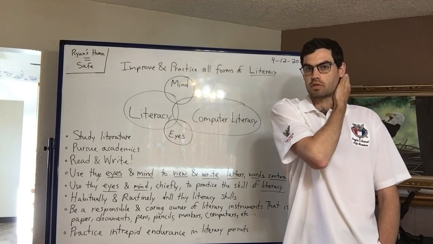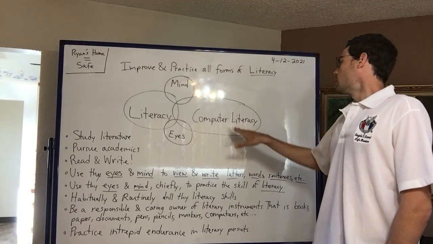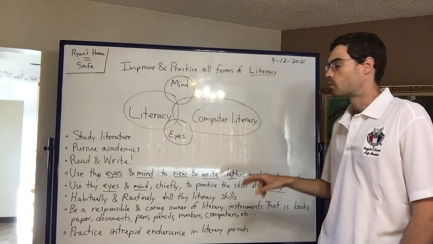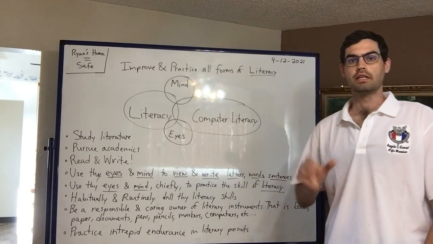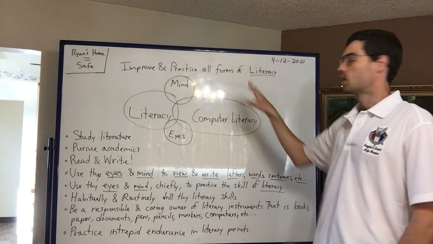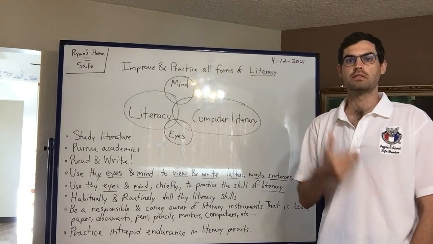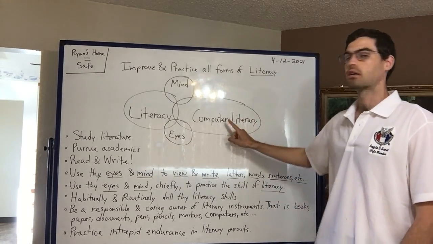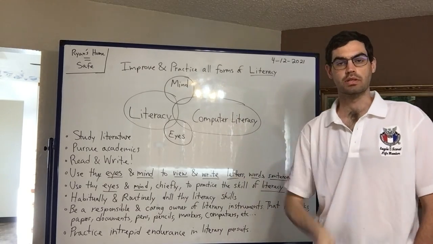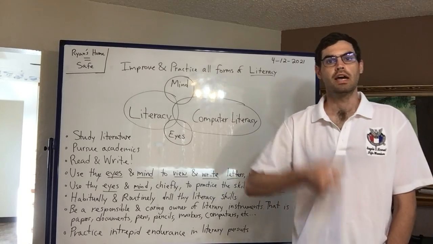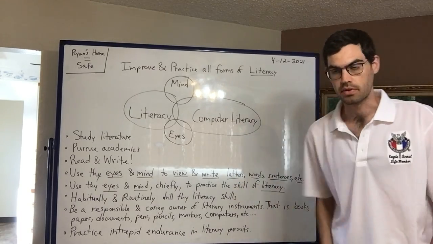Some people use their smartphones, things like that, or their PC, right? So computer literacy is becoming an increasingly important form of literacy. There's a lot of text in print that can be accessed on computers electronically, and it's important to practice computer literacy and to understand it and to be very fluent in it, okay?